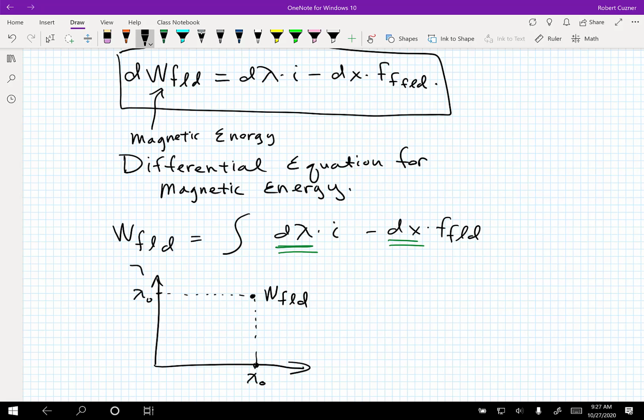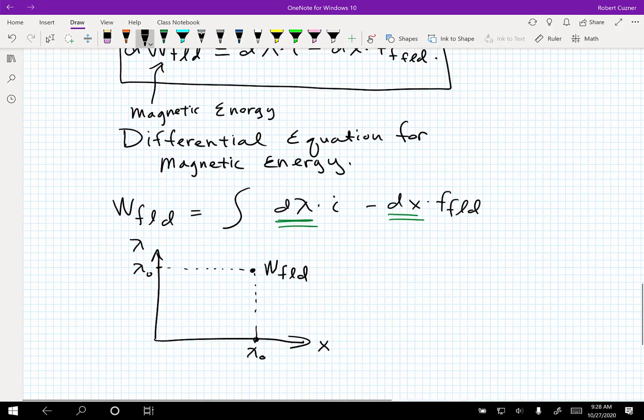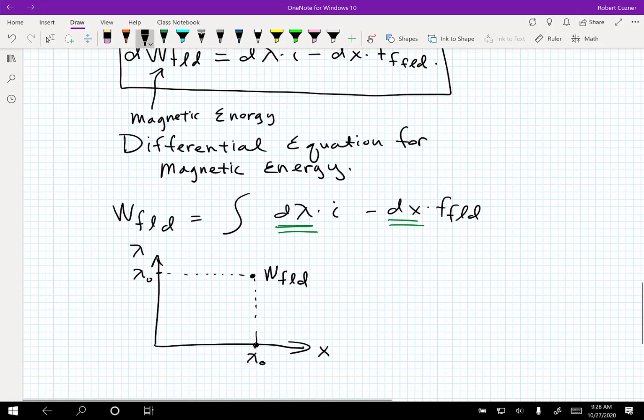So you really have these two state variable axes, x and lambda. And in order to come up with a completely general expression, you can take any path with respect to lambda and x to integrate that path and come up with the energy.